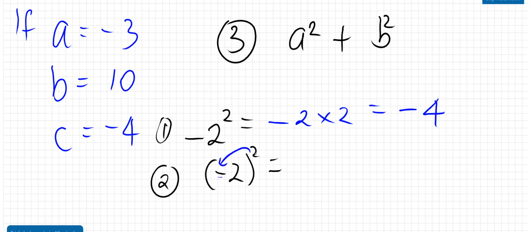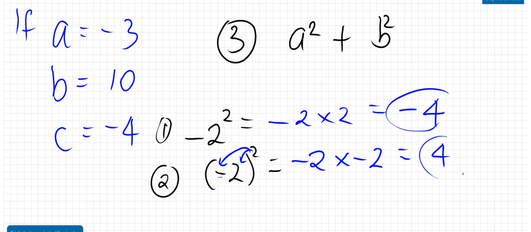So in other words, if we wrote this out, we would have -2 times -2. And 2 negatives make a +4. So we can see we've got 2 very different answers. They both are still 4, but one's a negative and one's a positive. That's why brackets become very important with questions like these.